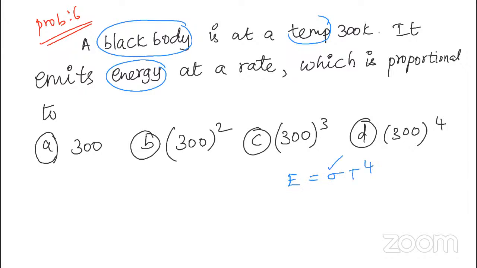Here sigma is the constant, so E is proportional to T power 4. So T oda value here is 300, so 300 to the power of 4. So option D is the right one.